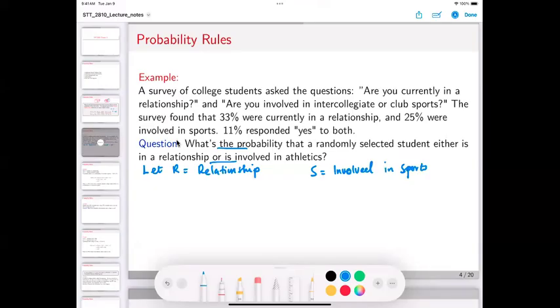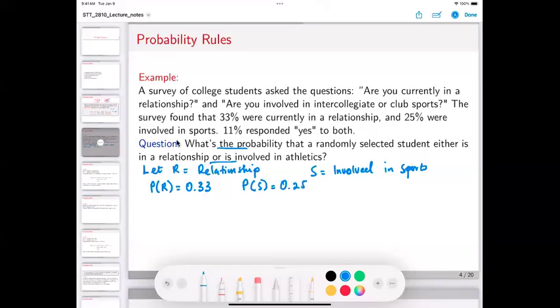Good. So based on this, what is probability of R? 0.33. Do we all agree to that? Is that okay? Good. Probability of S, 0.25.